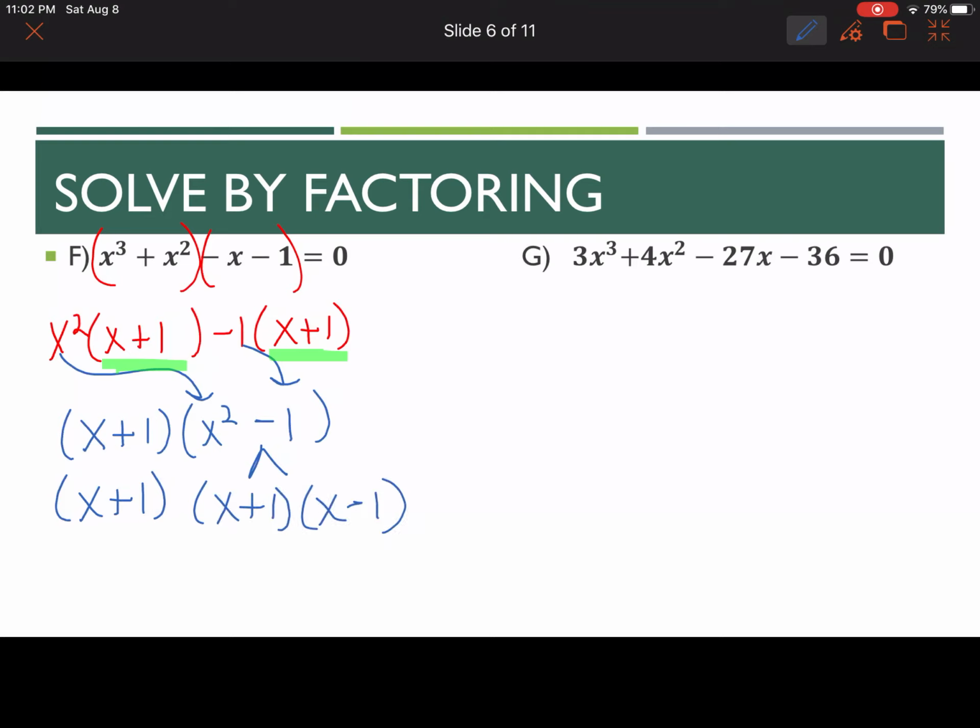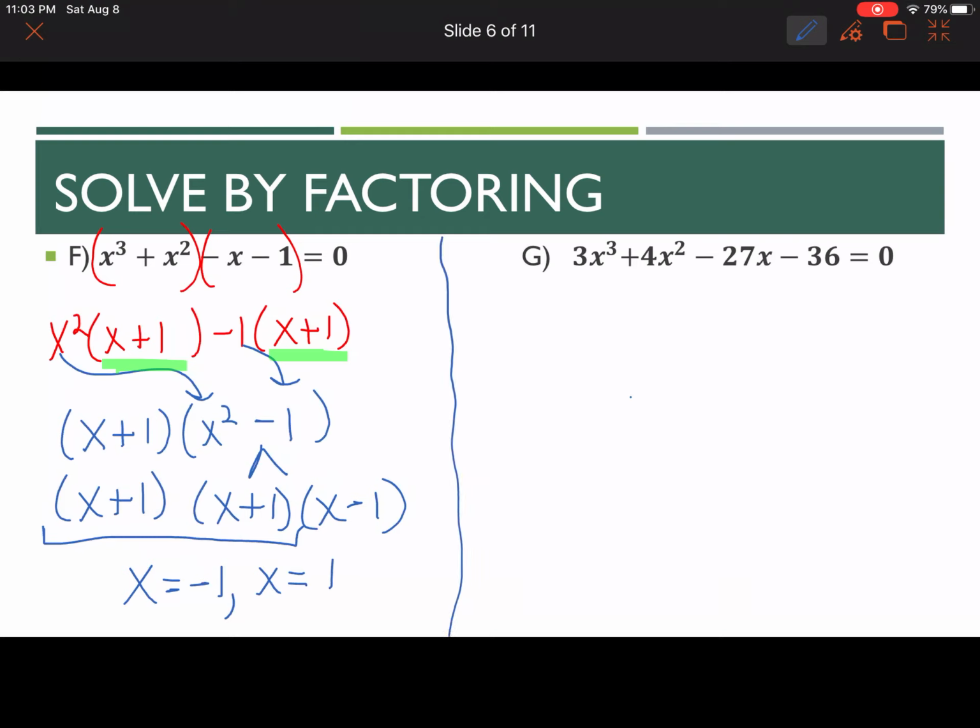So our three factors are x plus 1, x plus 1, and x minus 1. This is a double root, and we'll talk about what that looks like on a graph a little later. But for now, we're just solving. So we have x equals -1 and x equals +1. You don't have to list x equals -1 twice.